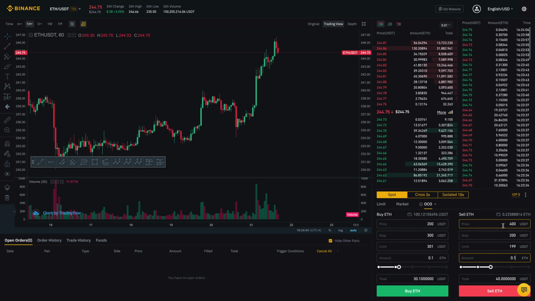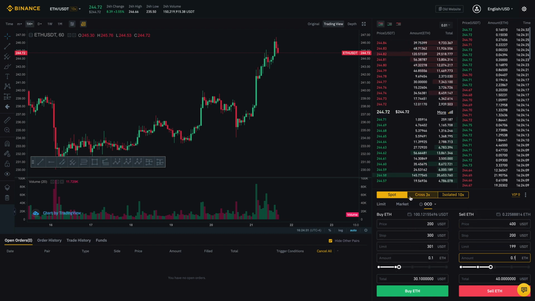If Ethereum goes to $400, I will sell 0.1 of it. Or if Ethereum goes to 200, I automatically sell, whichever happens first. So one order will cancel the other. So that's what that means for OCO on spot market, right? That's only for spot.